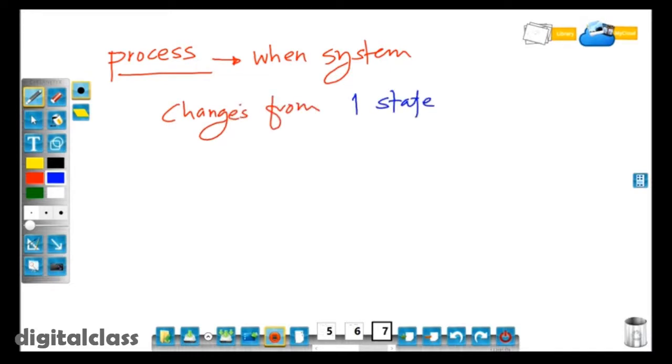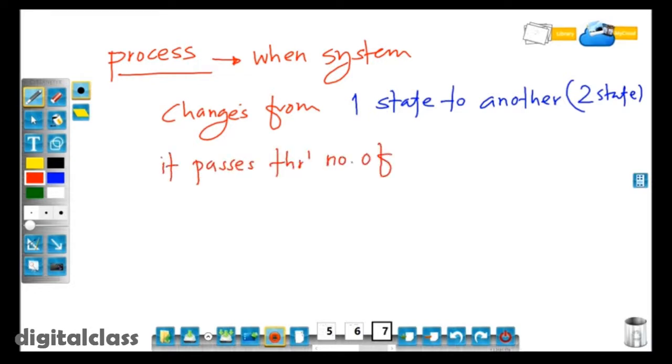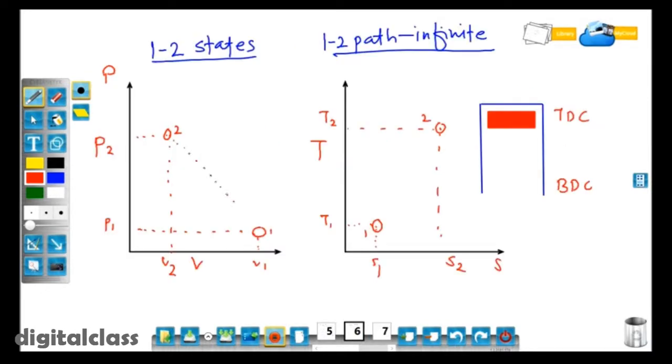Now, thermodynamic process. In a piston, when the piston moves from TDC to BDC or BDC to TDC, there is a change in state of the system. When the system changes from one state to another, it passes through a number of equilibrium points, that is, the points that lie between 1 and 2.